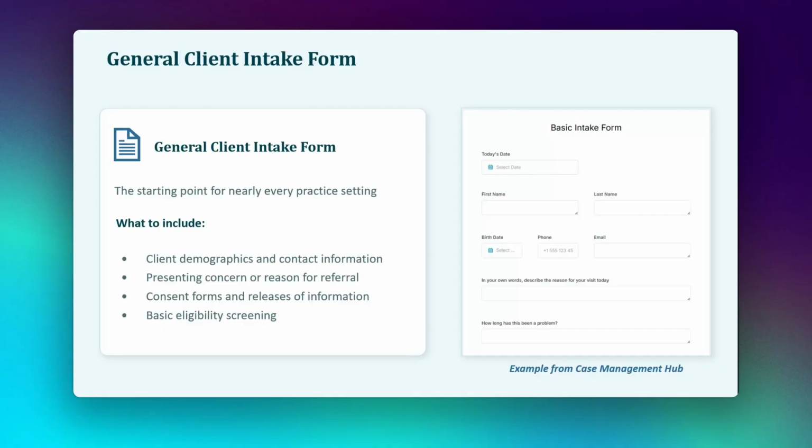It covers the basics. Who is this person? Why are they here? How did they find you? And do they meet eligibility requirements? It's also where you collect consent and releases of information. Think of it as the front door to your service delivery process. Every client walks through it.